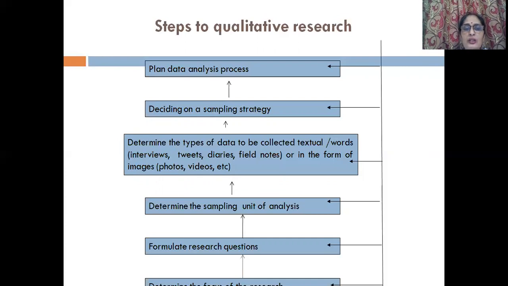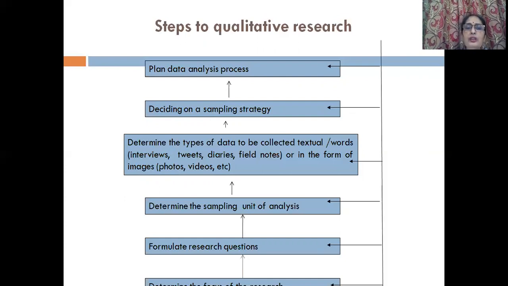And next, once the data is collected, we have to plan a data analysis so that we are able to find out the patterns of association between the codes and the themes, and draw out concepts which, when modified and integrated, will help us to build theories.